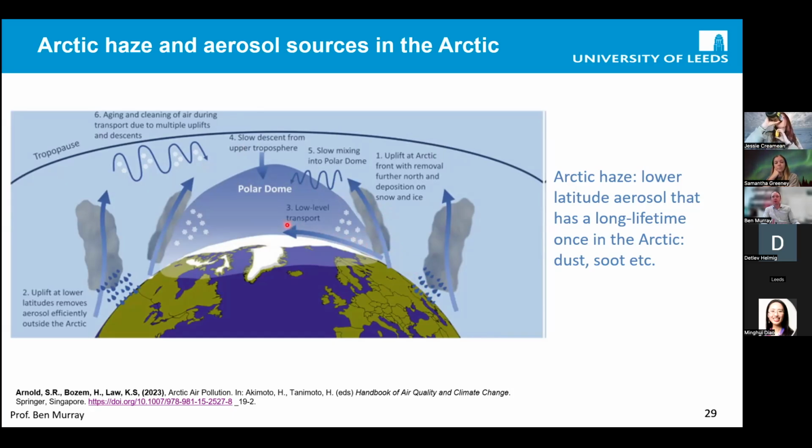The modeling also shows that the Asian dust is certainly important, but also dust from Africa that's lifted into the mid-troposphere, up to 5 to 7 kilometers. It's dry convection lifting it. There's no water. And once it's at 5 to 7 kilometers, you're already relatively cold, and it can then get transported in.